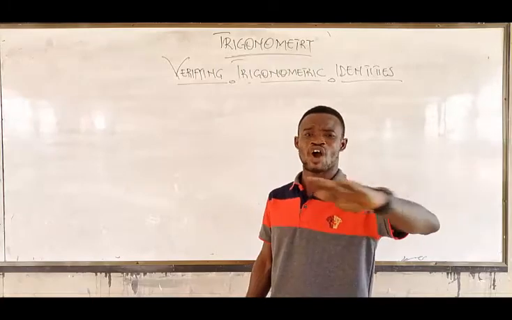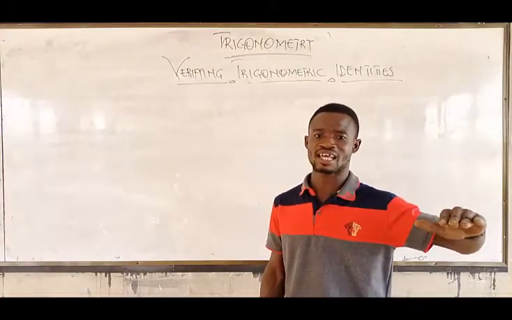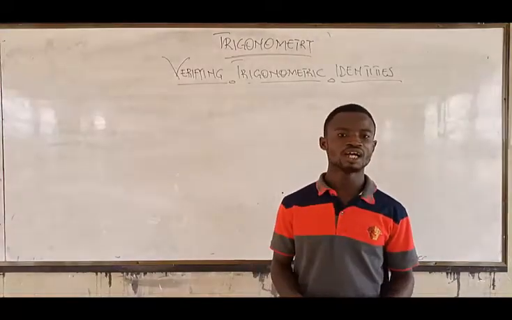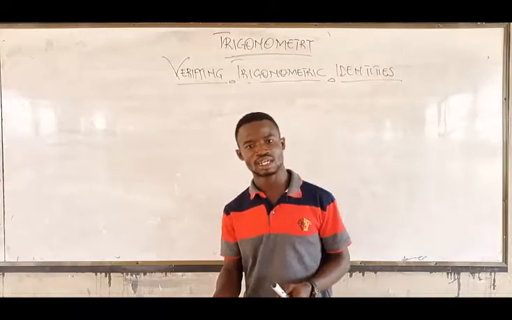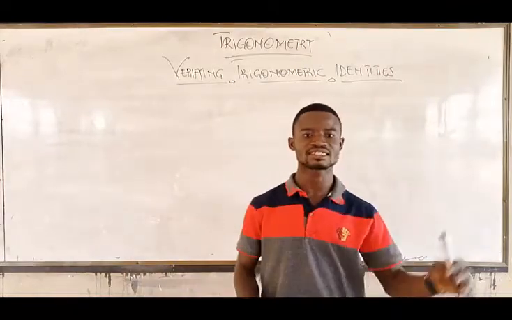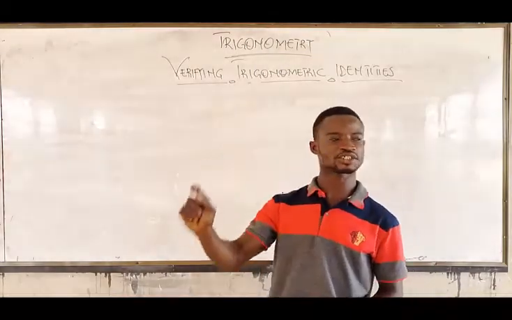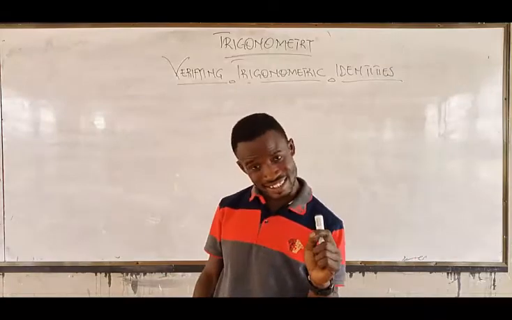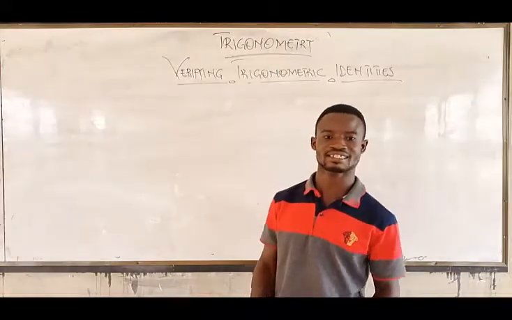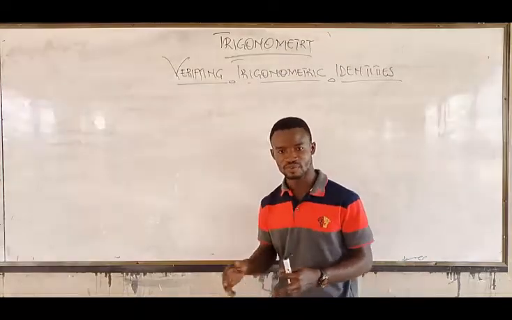Make sure you have all the fundamental identities open. We are going to use the fundamental identities to verify that a trigonometric equation is an identity of the variable for which it is defined.